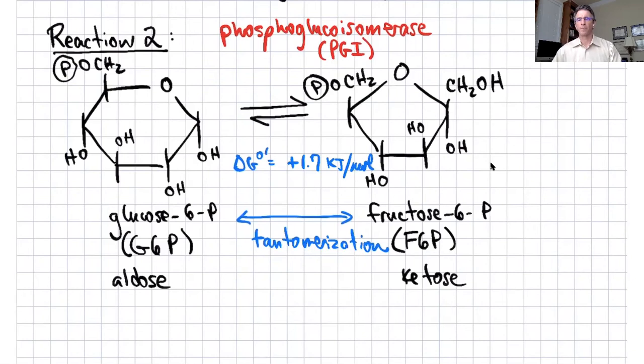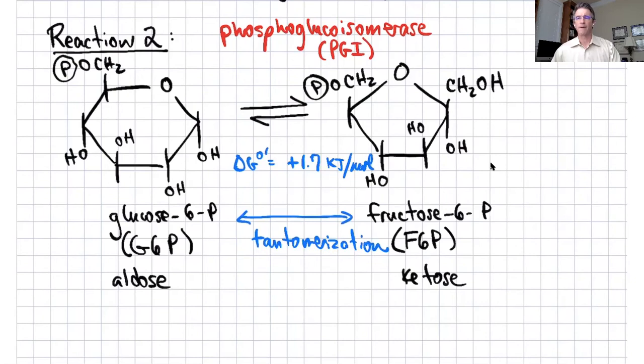Any cell-based organism on this planet, as far as I know anyway, they all depend upon this pathway at some level. And I just said the second step is thermodynamically unfavorable, right? As written, it's much more favorable for PGI to take fructose 6-phosphate and turn it into glucose 6-phosphate, right? The aldose is more stable than the ketose form of this substrate. So what gives? What do you think happens?